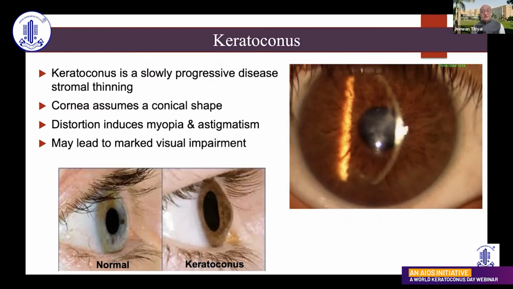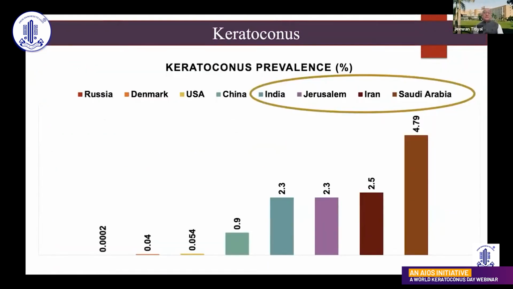If the mirror gets distorted, the image also gets distorted. That is what happens in keratoconus. The lens of the eye, the anterior part which is the cornea, gets distorted because of a chronic progressive disease process leading to thinning and irregular astigmatism.